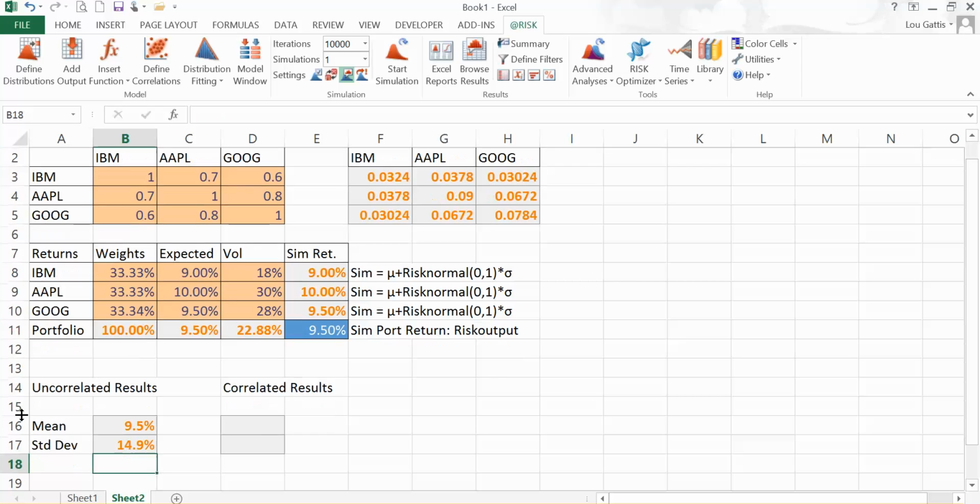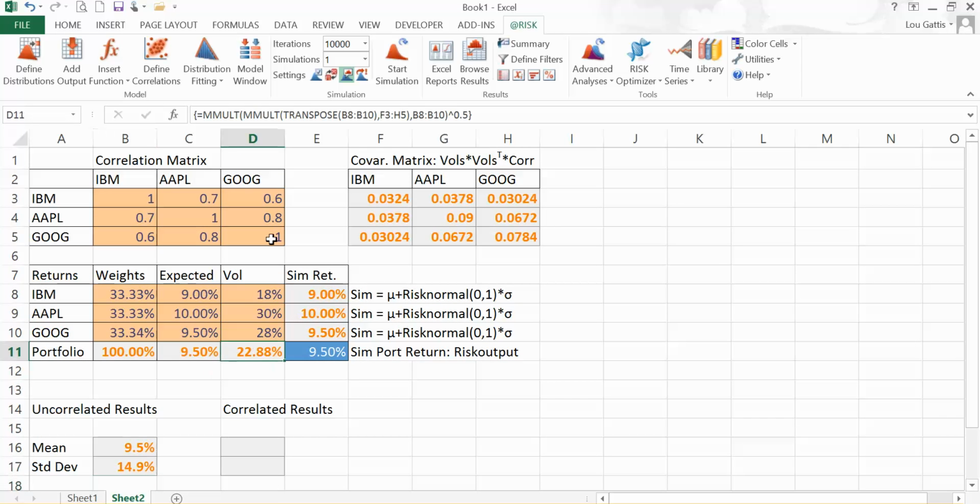Now notice that's different than the standard deviation we expect. Because given the correlation matrix, which then determined my covariance matrix, I determined that the volatility of that portfolio is my M-volt transpose WSW times 1/2 power, 22.8%. So with 14.9, let me show you what that represents.